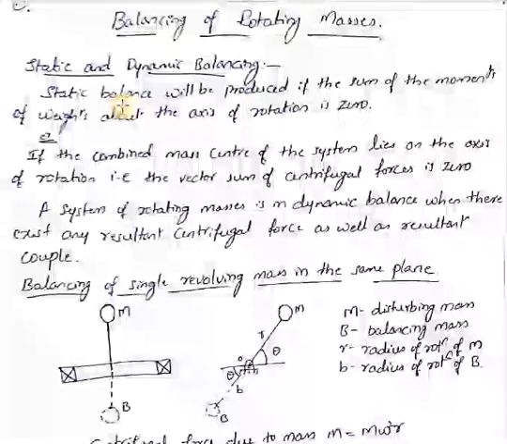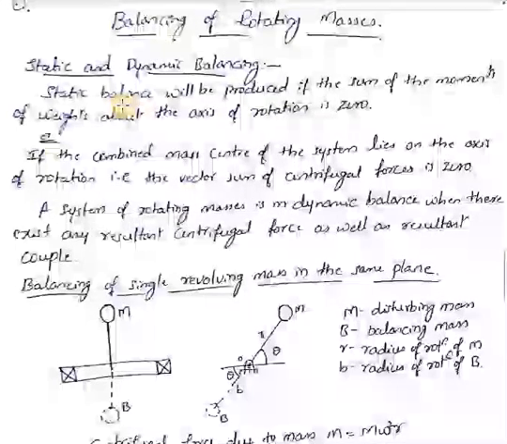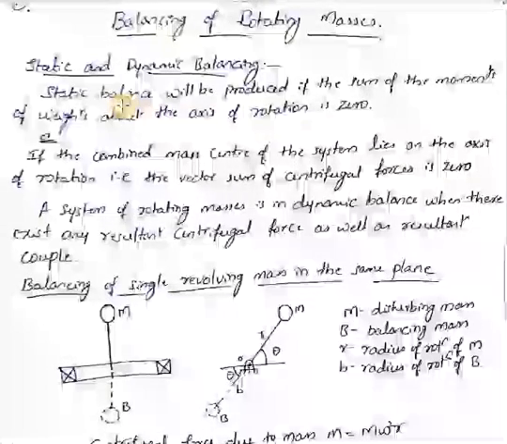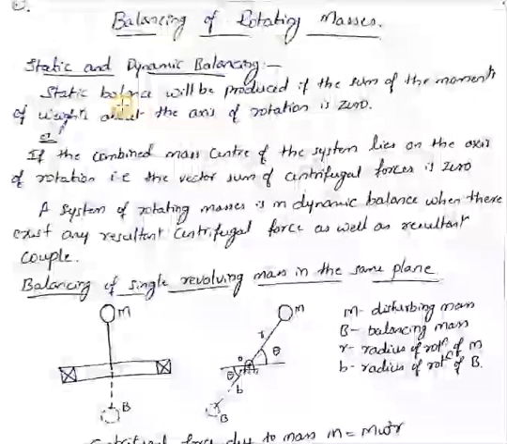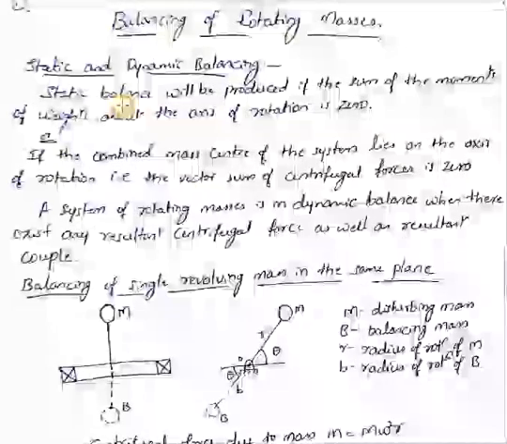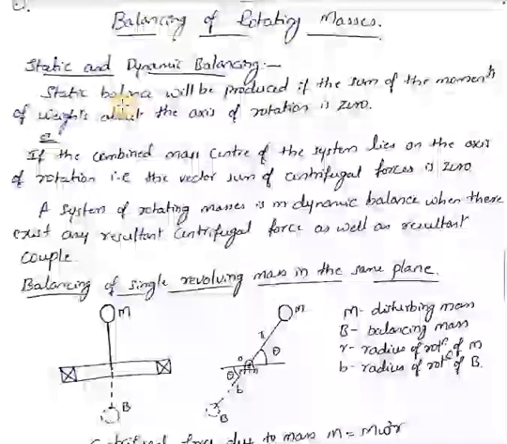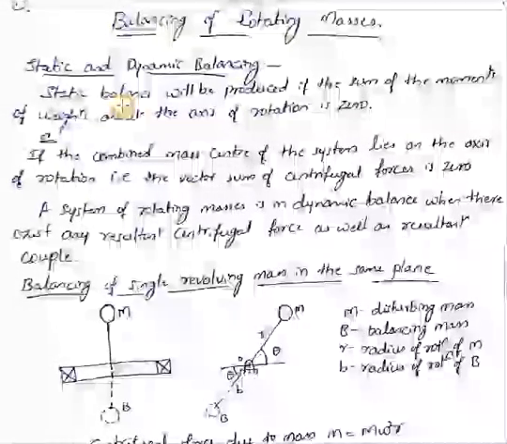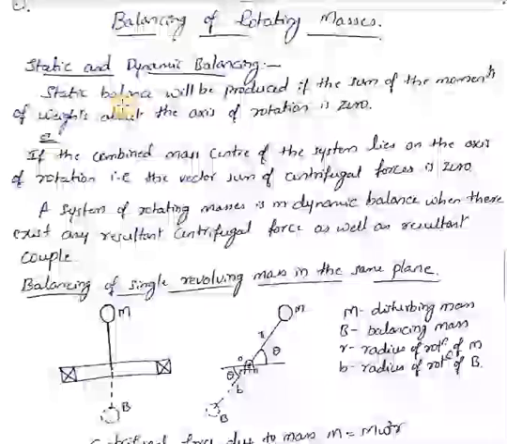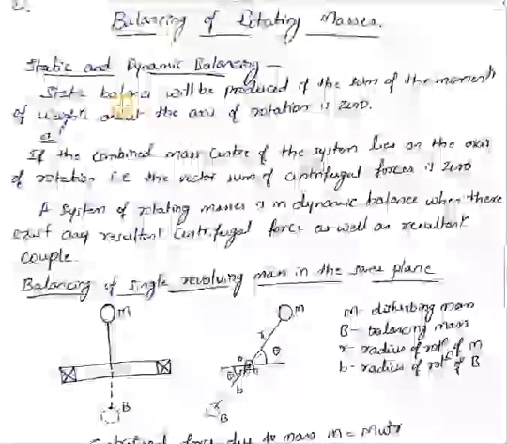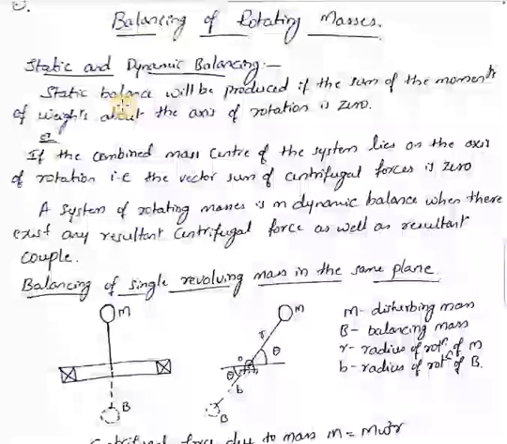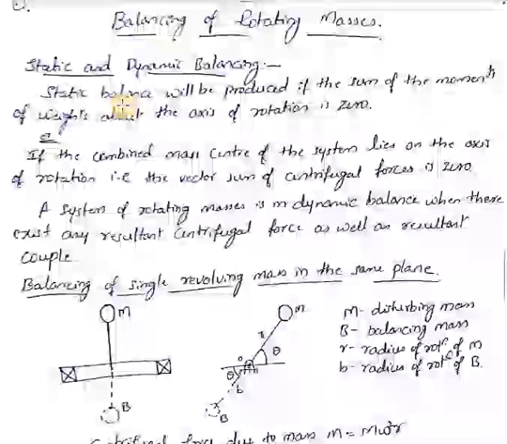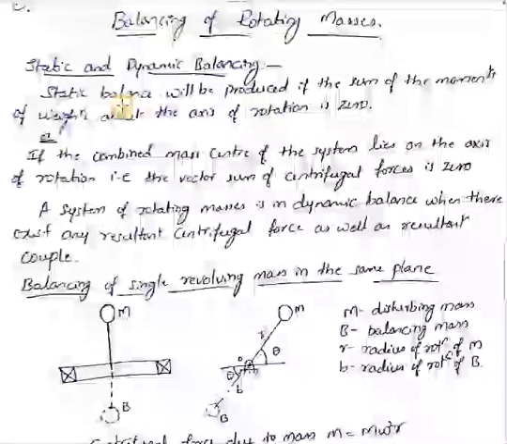That is, the rotor is statically balanced if the vector sum of centrifugal forces is equal to 0. A system of rotating masses is in dynamic balance when there does not exist any resultant centrifugal force as well as resultant couple. So for dynamic balance, the first condition is that the sum of centrifugal forces must be equal to 0, and the second is that the sum of couples must be equal to 0.